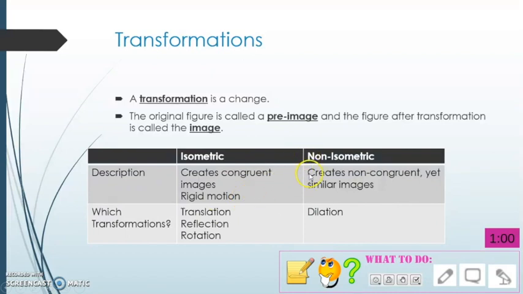Non-isometric creates non-congruent yet similar images. So only one of the transformations is non-isometric, and that's a dilation. The other transformations, translation, reflection, and rotation, are all isometric. They create congruent shapes.